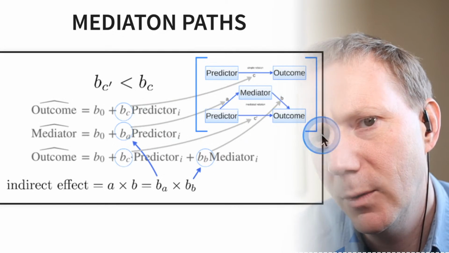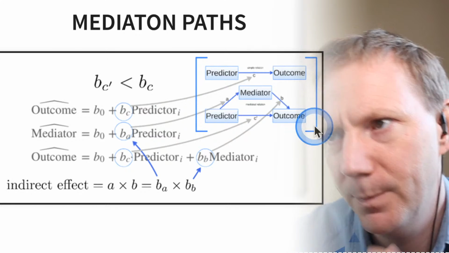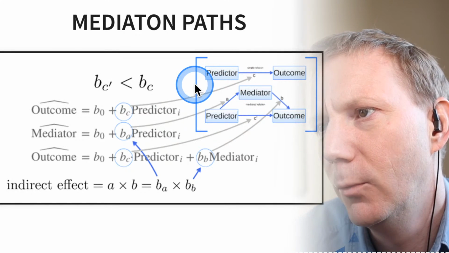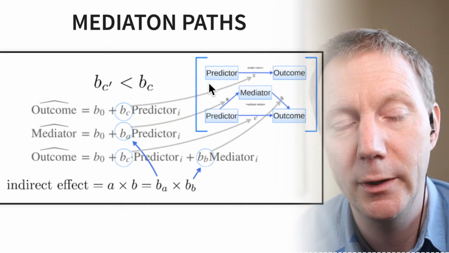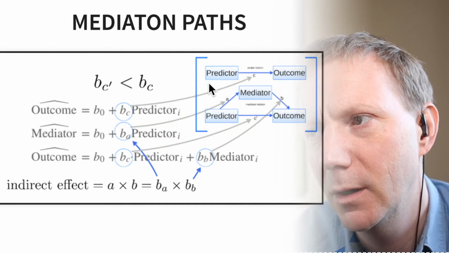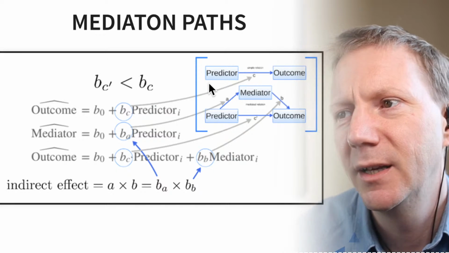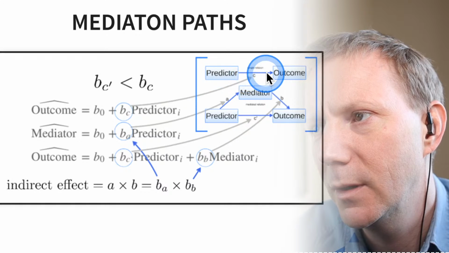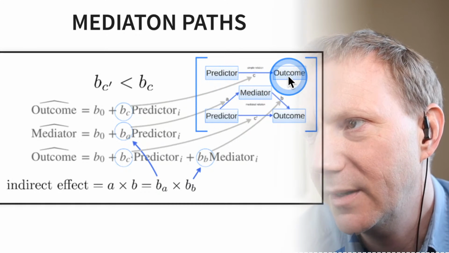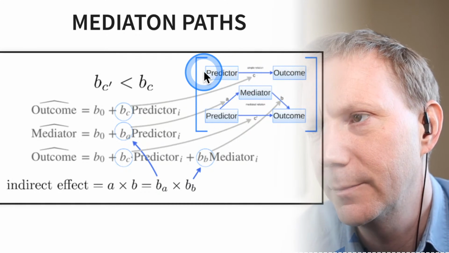What we see here is that with a normal regression where you don't take a mediator or any other covariate into account, you can predict the outcome based on one predictor.